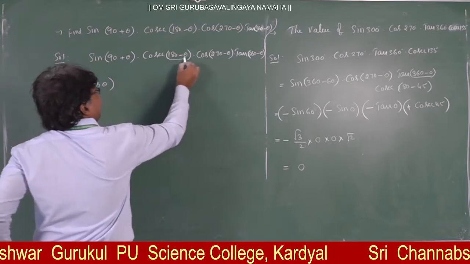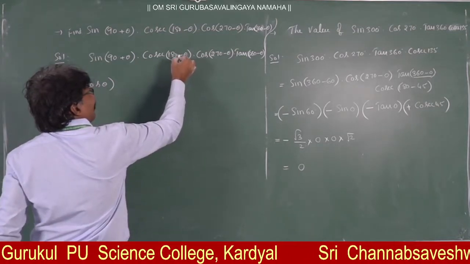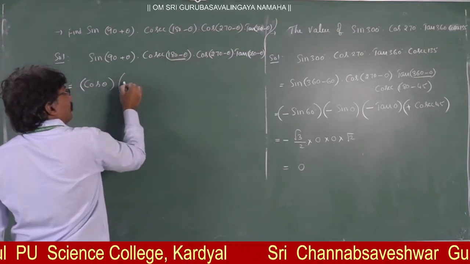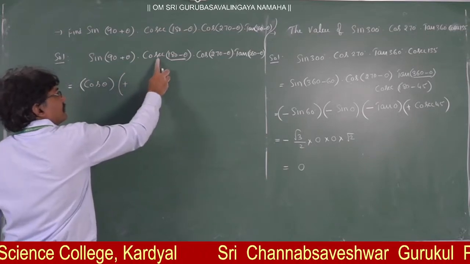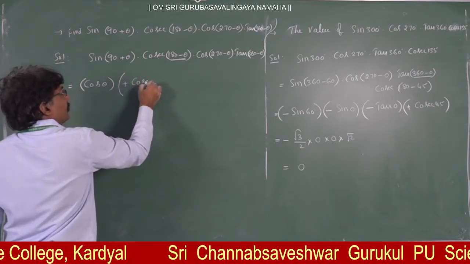180 minus theta belongs to the second quadrant.